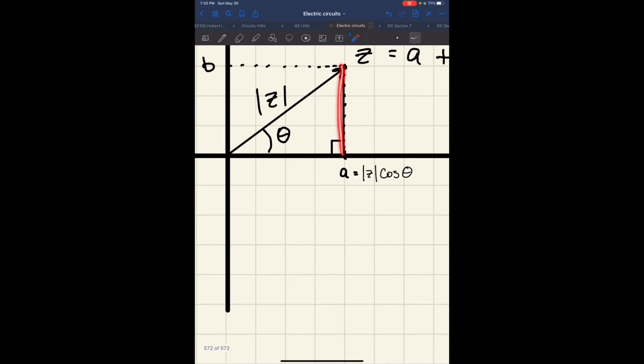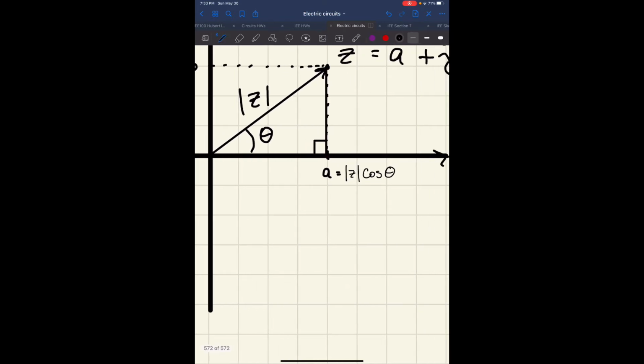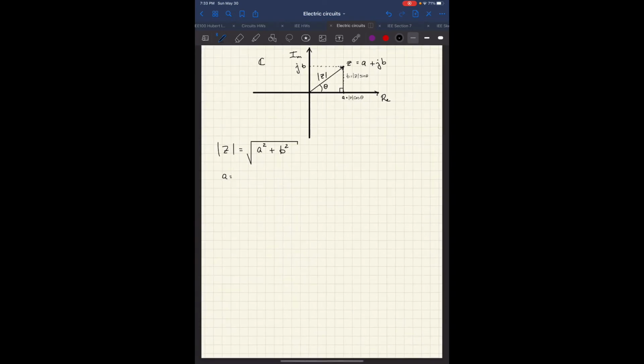This length is going to be b, right? Your imaginary component is b. And I can represent it also using a bit of trigonometry as the magnitude of z times sine of theta. So let's write here: a is going to be magnitude z cosine theta, and b is going to be magnitude z sine theta.